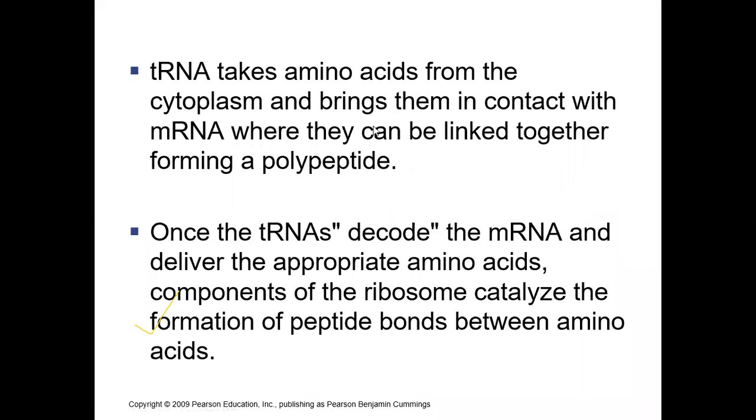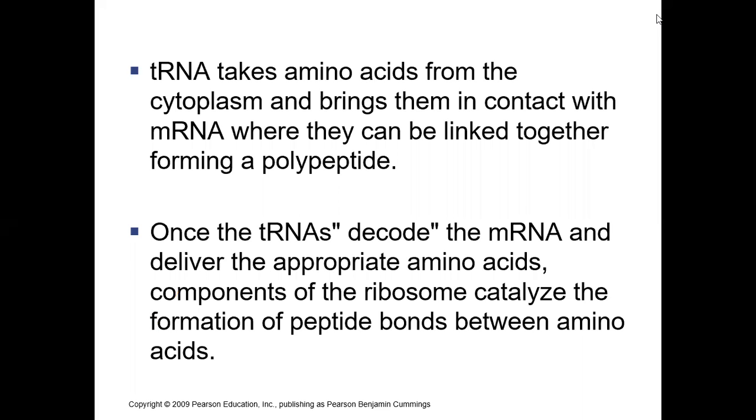So yet again, we have the function of the transfer RNA. As I mentioned before, it is the molecule that takes the amino acid once it has been charged with the correct one. It brings it in contact with the messenger RNA and the ribosome, and the ribosome is the one that does the linking.